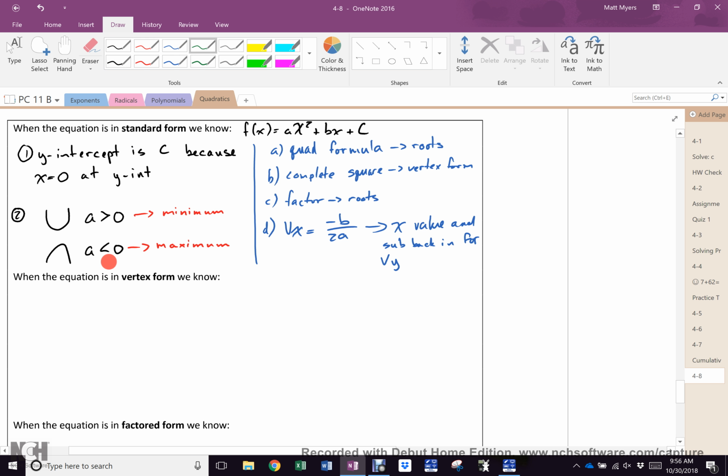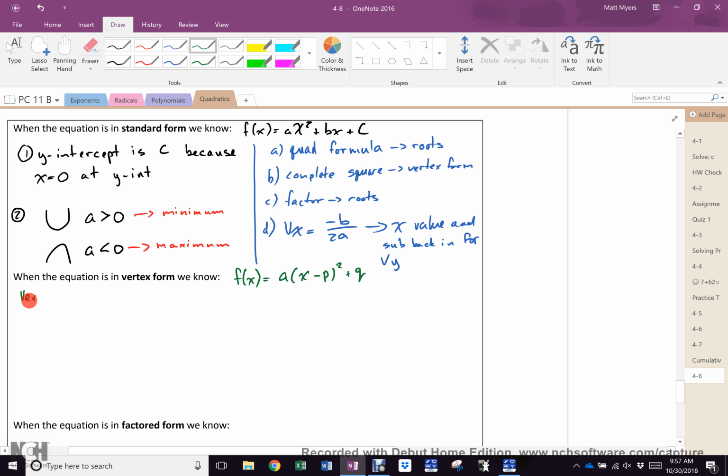Vertex form. What does it look like? x minus p squared plus q, right? And don't forget there's an a there. What does that tell us immediately? Right. It gets us the vertex, yes?